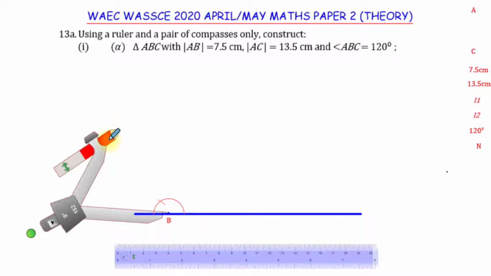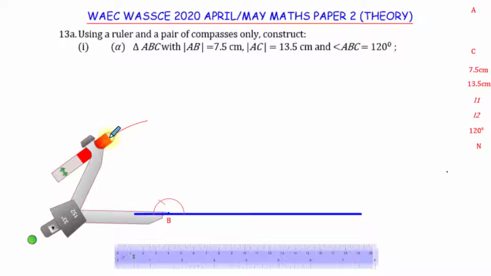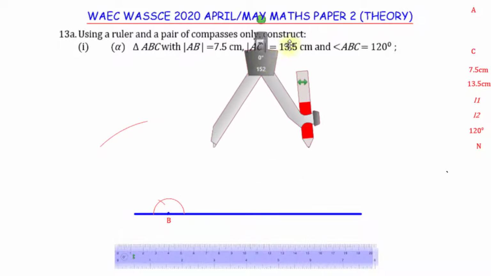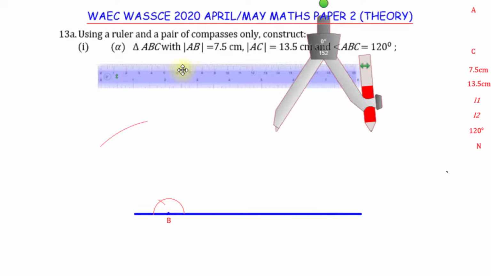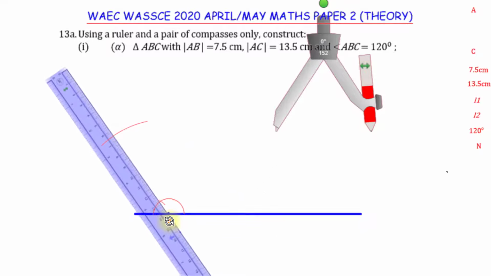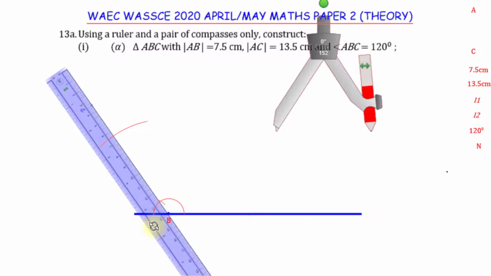So we can mark off our point on this arc. Okay, once we've done that, we now need to bring in our ruler to appropriately join point B, but it needs to pass through the arc that will mark off 120 degrees.